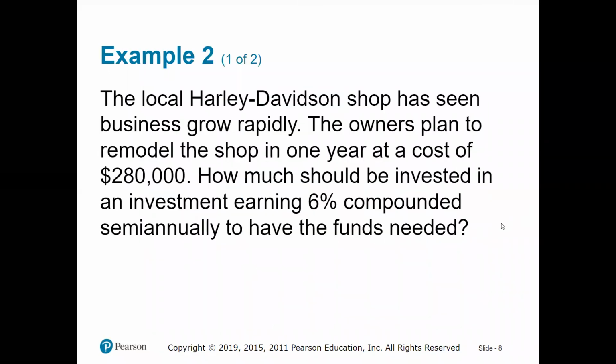Okay. Example 2: the local Harley Davidson shop has seen business grow rapidly. The owners plan to remodel the shop in 1 year at a cost of $280,000. How much should be invested in an investment earning 6% compounded semi-annually to have the funds needed?